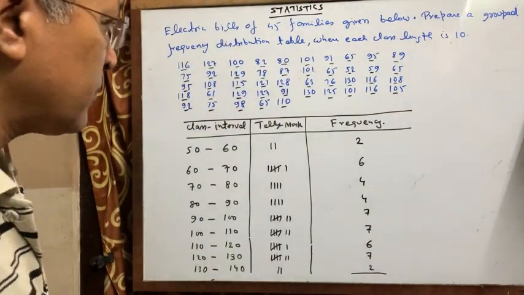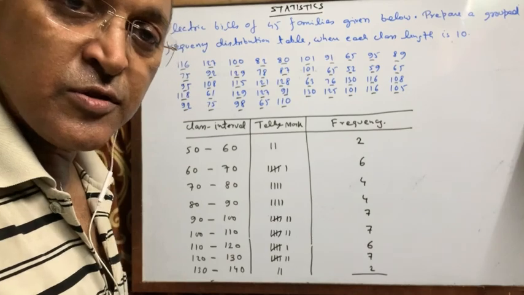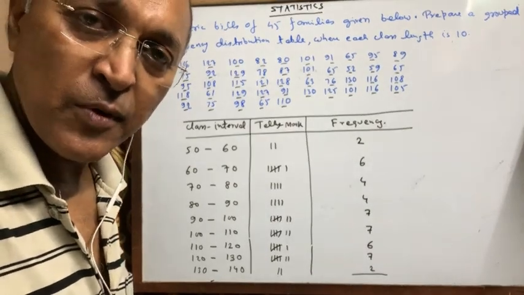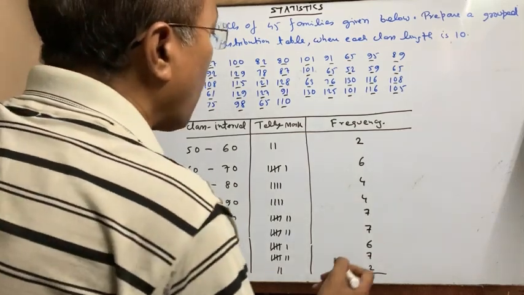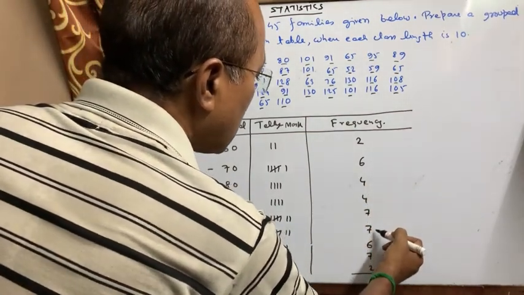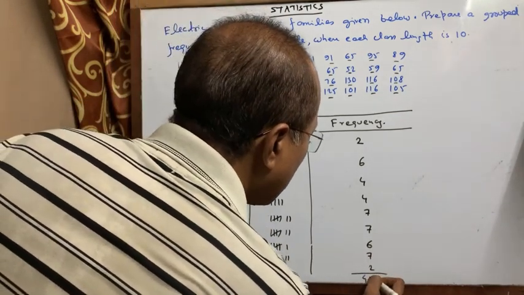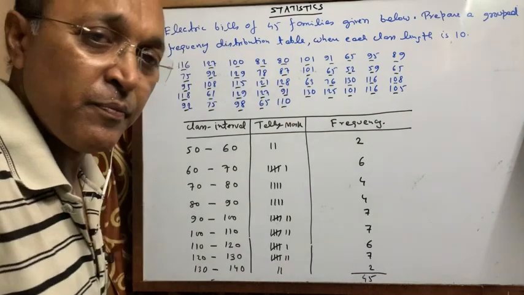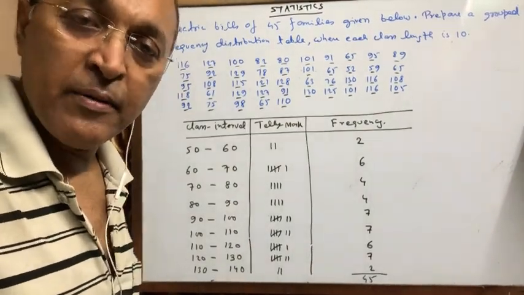So we have found the respective number of data for the respective classes or class intervals. Let's see how many have been found. The total becomes 45. It means our frequency distribution table has been completed.